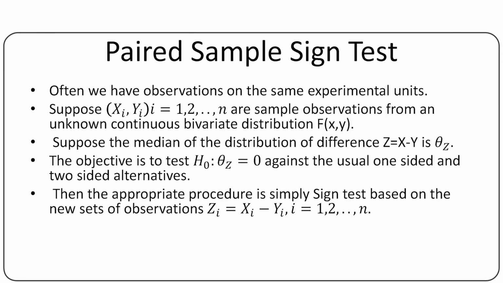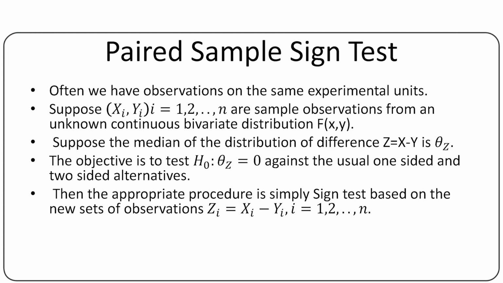Formally, suppose Xi, Yi, i from 1 to n are random samples from an unknown continuous bivariate distribution F XY. Then the null hypothesis is that X and Y are exchangeable. That is, the distribution of (X, Y) is the same as the distribution of (Y, X).